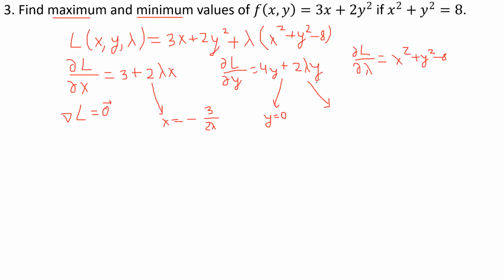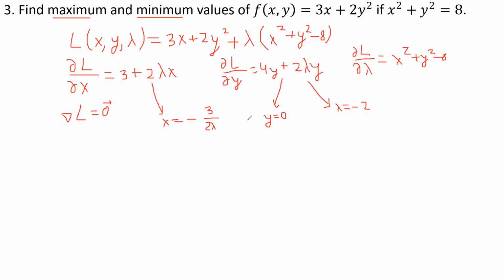Another solution is when y is not equal to 0, then we will have lambda equal to minus 1 or minus 2. And the third one doesn't need to be solved. We will try to solve it using this equation.